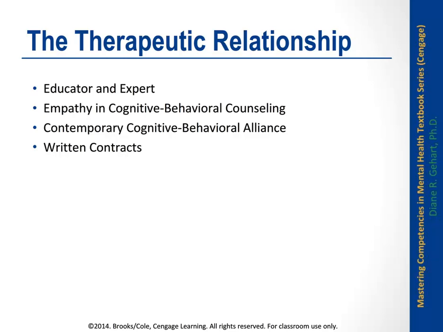They would probably assign thought records. We'll talk about those in a moment. They'll assign homework tasks and have clients go through their week, teaching them to use tools outside of the session. So there is this educator and expert role that the therapist takes on.